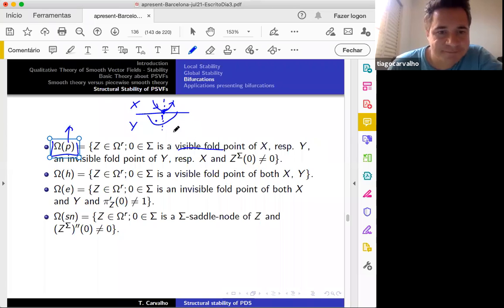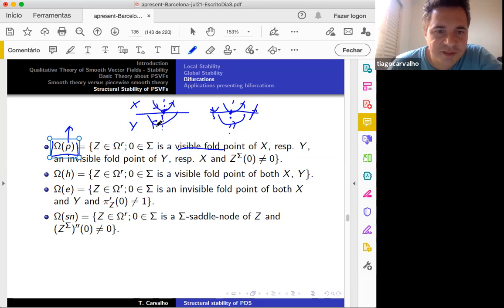Again, we have to distinguish some cases here, because we can look at the orientation of the vector field y. If the vector field y has the same orientation as the vector field x, so here at the left and on the right we have crossing regions.